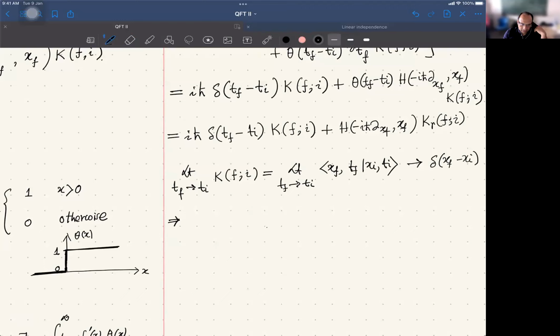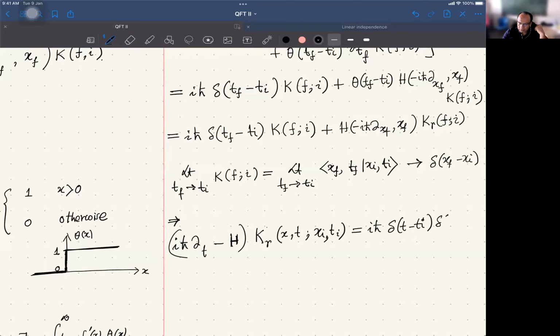So let me write it as: i h bar del/del t minus H acting on the retarded propagator, where I take this to be K_R of x, t; x_i, t_i, should be given by i h bar delta of t minus t_i and delta of x minus x_i.